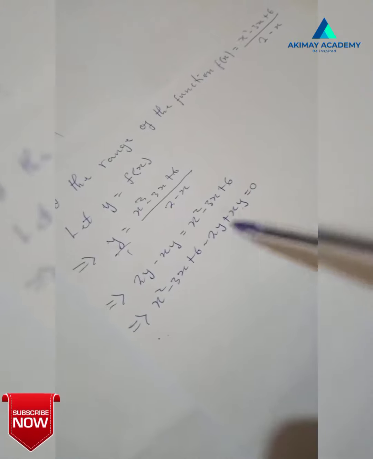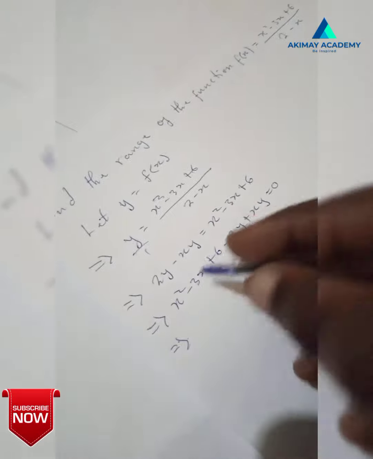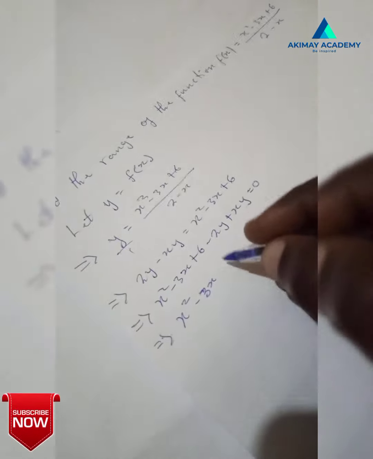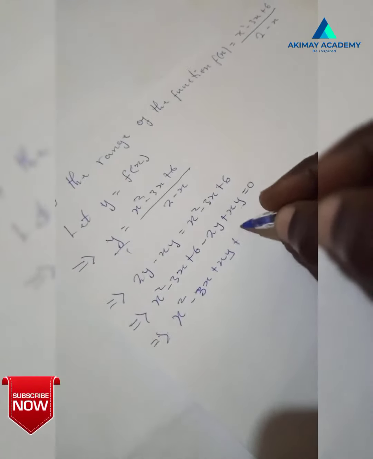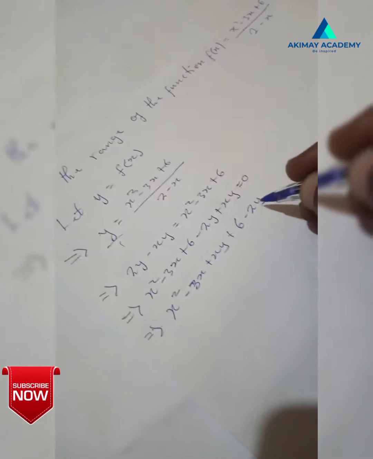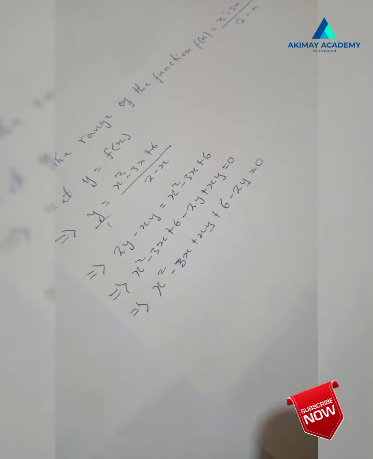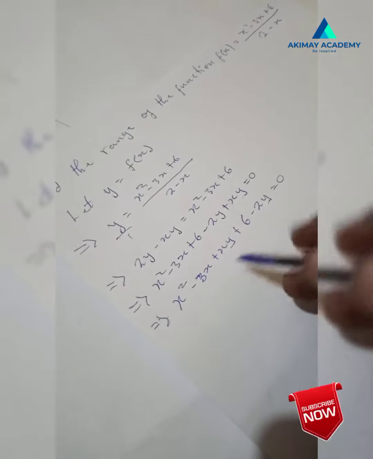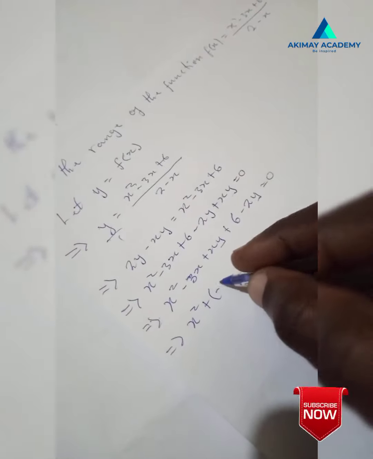So here we have x here, we have x over here, therefore we group like terms. Here we can factor the x out, and put them in brackets nicely.